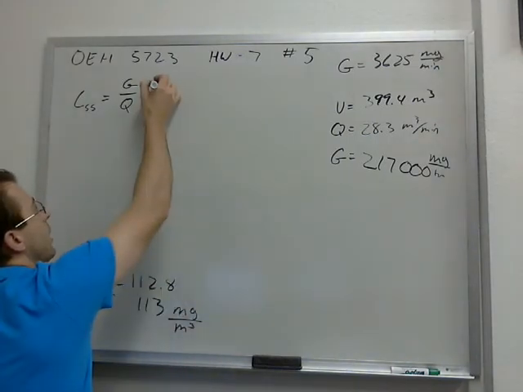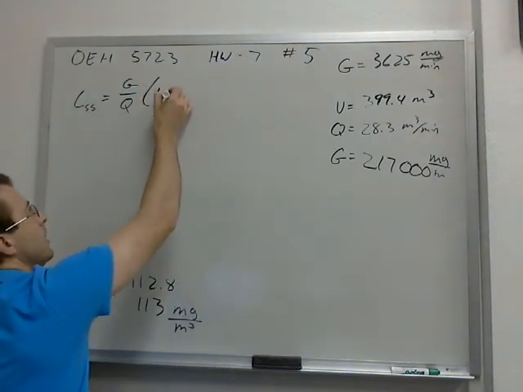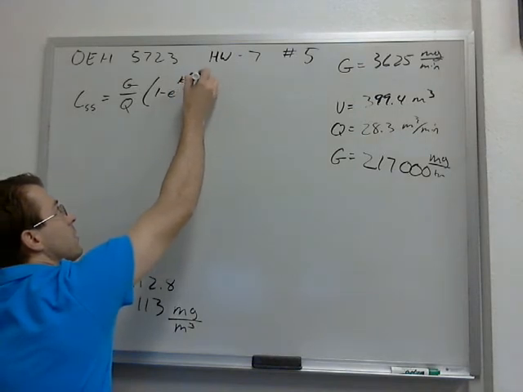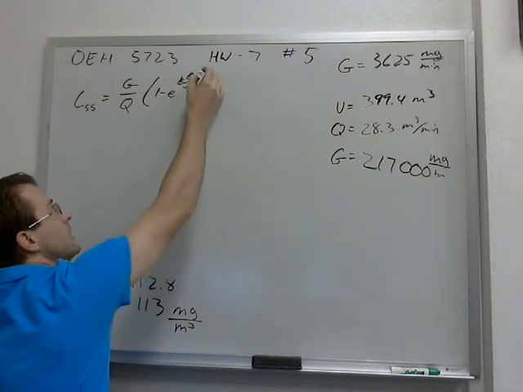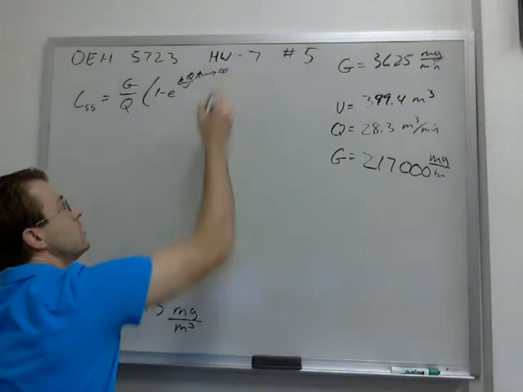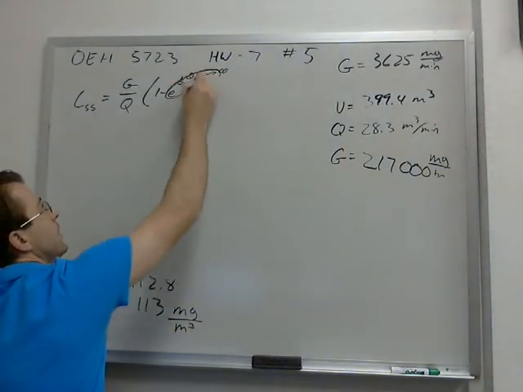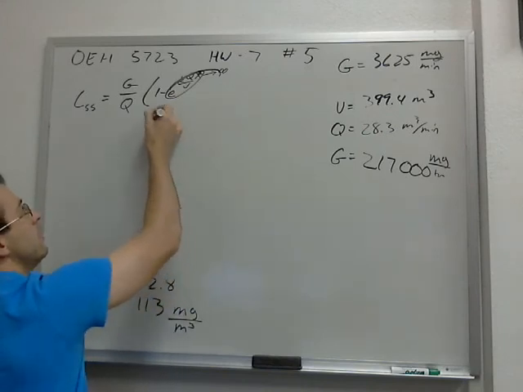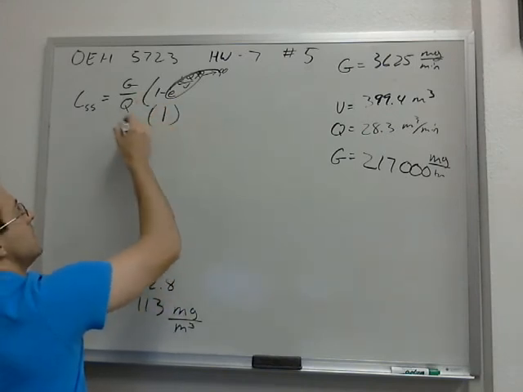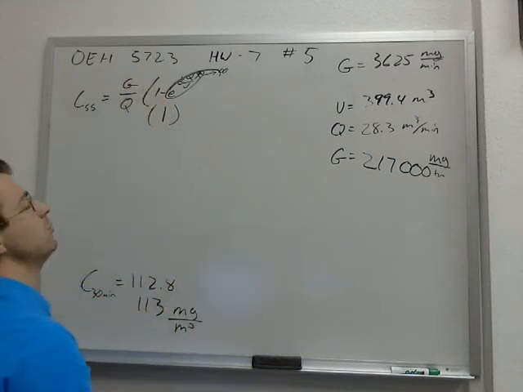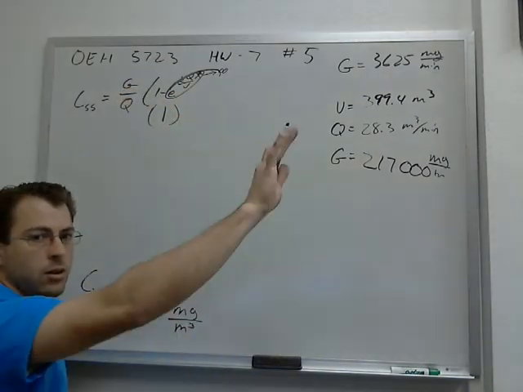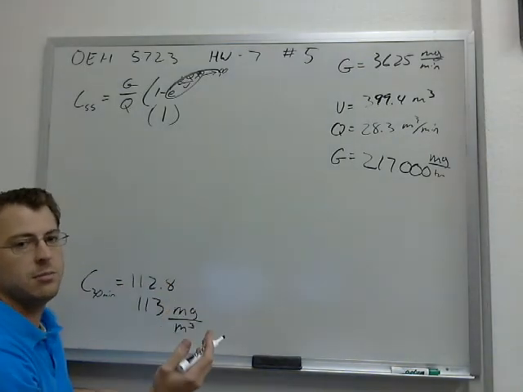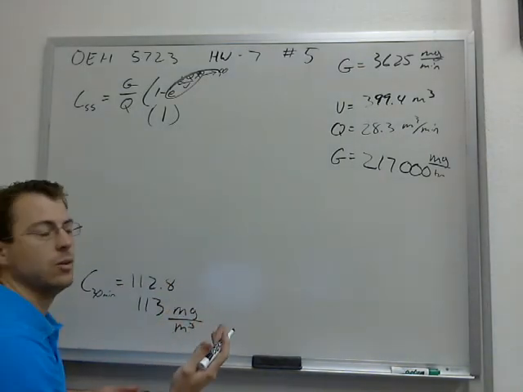And that's because if we have the 1 minus E to the K Q T over V, as T goes to infinity, this goes to 0, which means that this goes to 1, which means that it's just G times Q. So after a long time, the concentration at steady state is the same as G over Q, generation rate over ventilation rate.